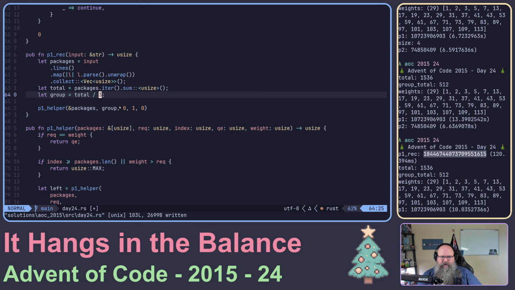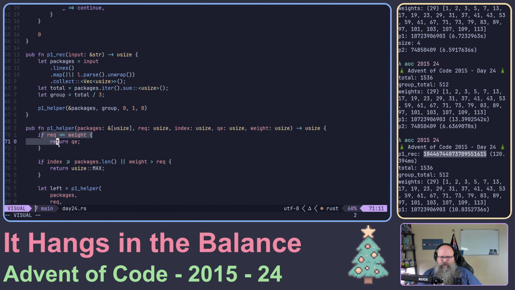Oh, it's R3. But I do the packages, the inputs, the requirement, index, cumulative product, cumulative weight.